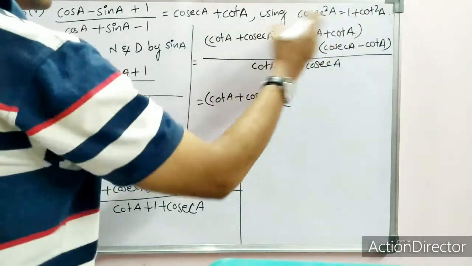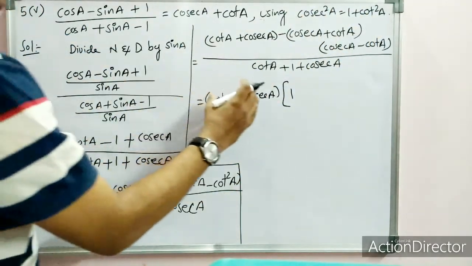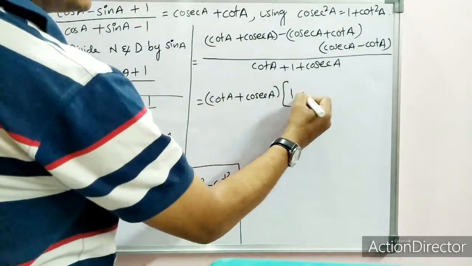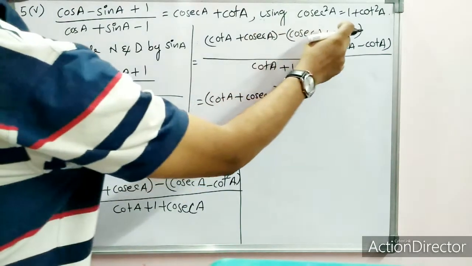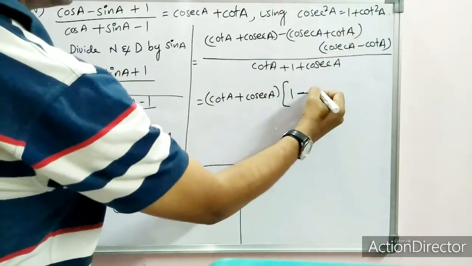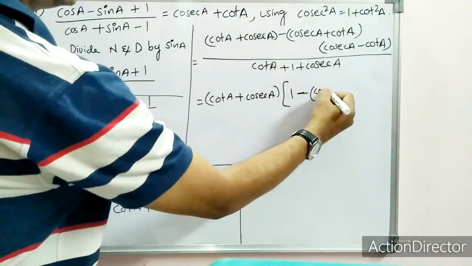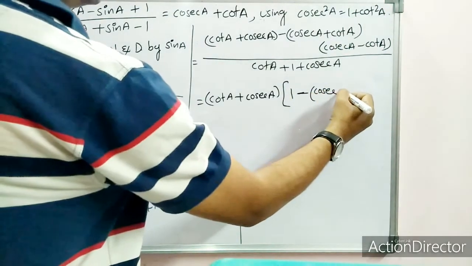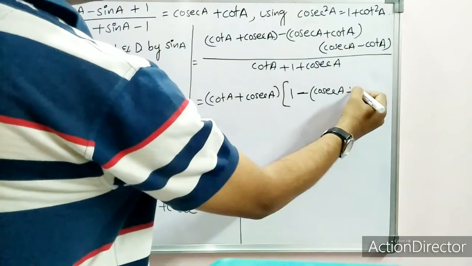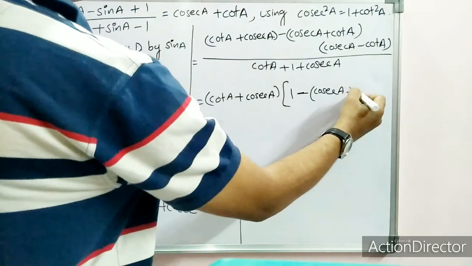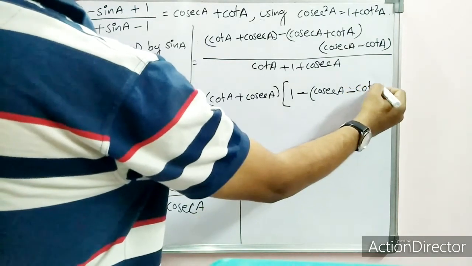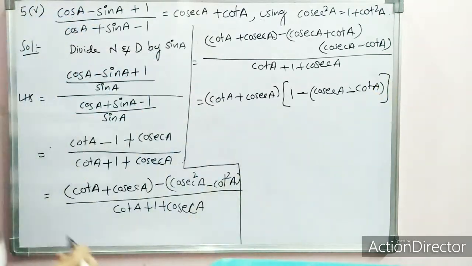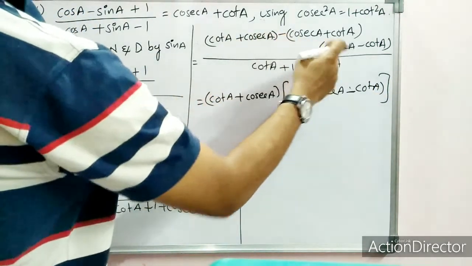Because in these two terms I took this value as 1, and minus of the remaining bracket, cosecant A minus cot A. You see, minus is there, minus of cosecant.